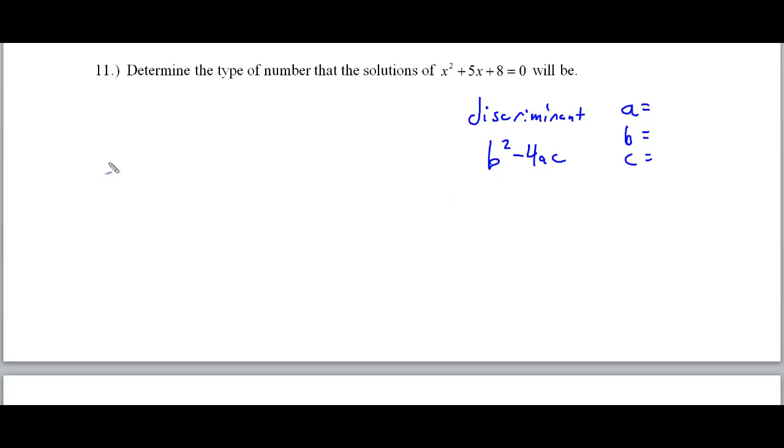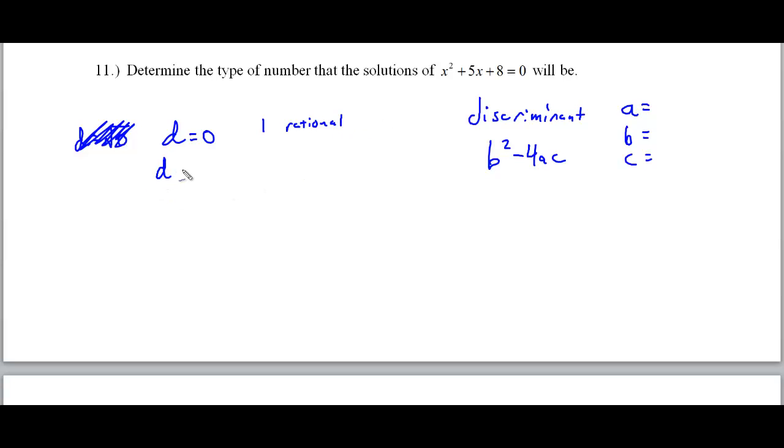Now there's a table we put into your notes that you should try to memorize. Because what happens if I get an answer where the discriminant is equal to 0, let's just call the discriminant d in this case. If the discriminant is 0, then I have one rational answer.